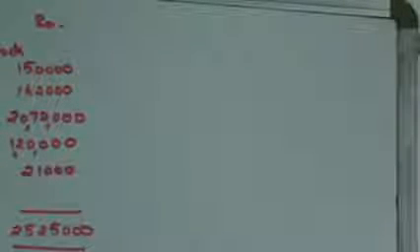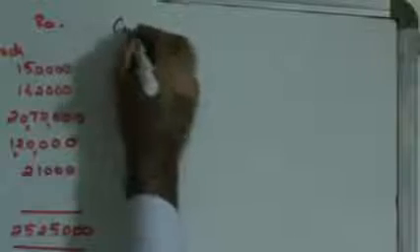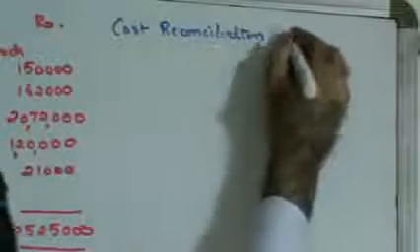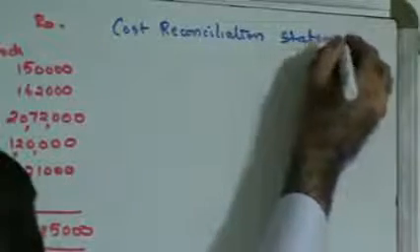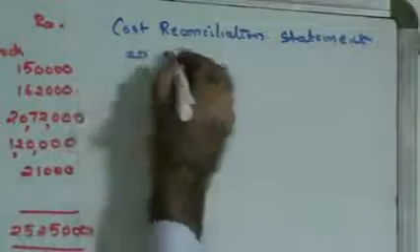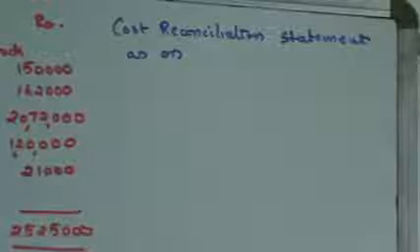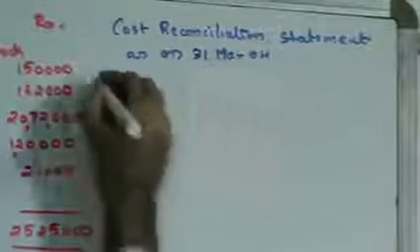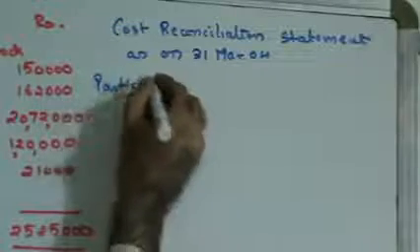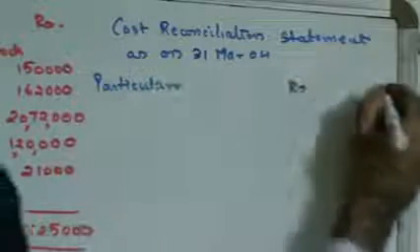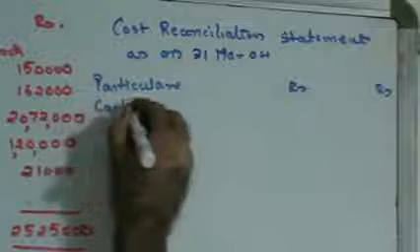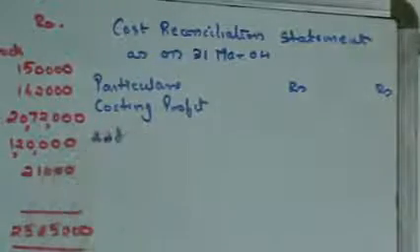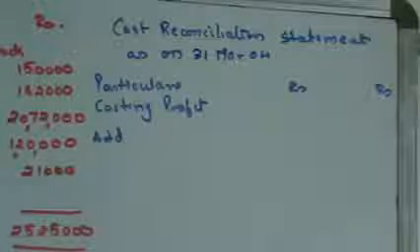Let's see this cost reconciliation statement. Cost reconciliation statement as on 31st March 2004, particulars, rupees, costing profit, add, less, financial profit.